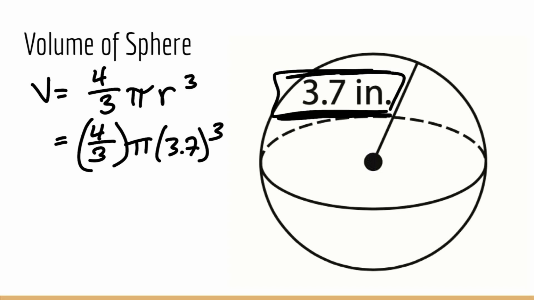Let me try again. Alright guys, my calculator is messing up. Where's my phone? Ugh. I'm gonna do it the old-fashioned way, where you multiply 3.7 individually 3 times. But you guys can use your fancy graphing calculators.